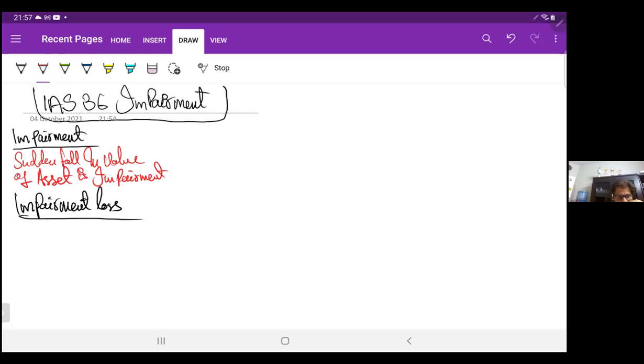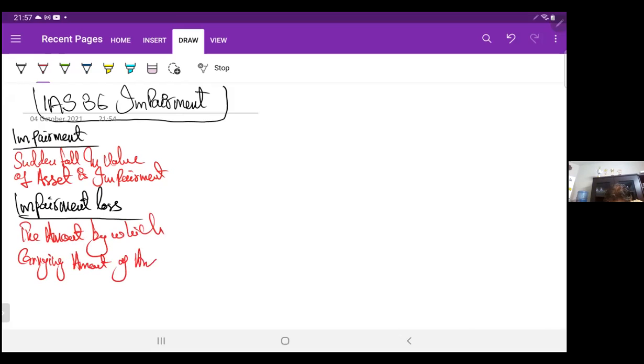Now, what is meant by impairment loss? The amount by which the carrying amount of an asset exceeds its recoverable amount, as I just told.